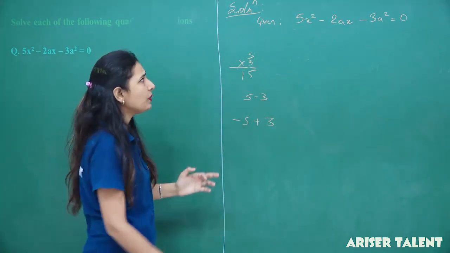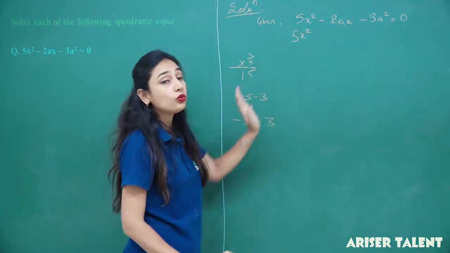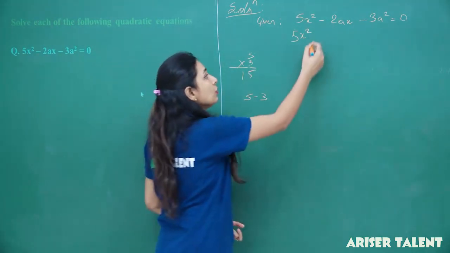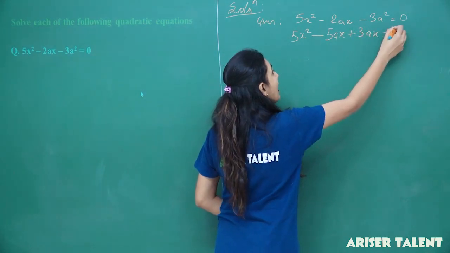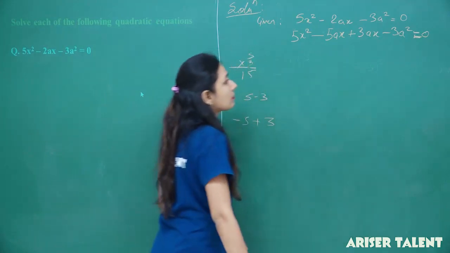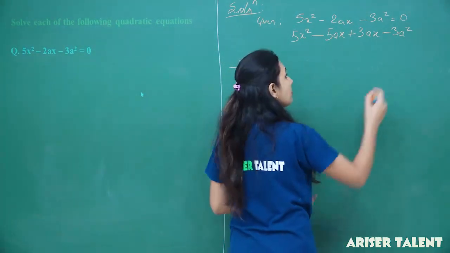Now you just have to bifurcate it: 5x square as it is, minus 2ax will be bifurcated as minus 5ax plus 3ax, minus 3a square equals 0. Or else I can write it again.